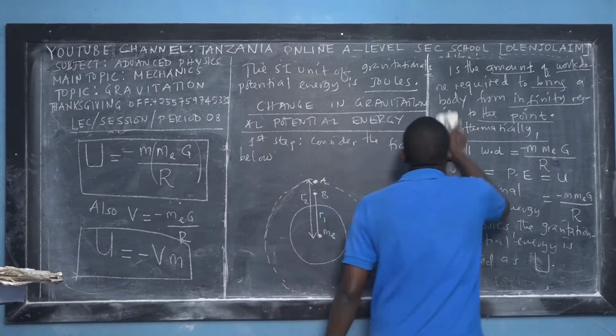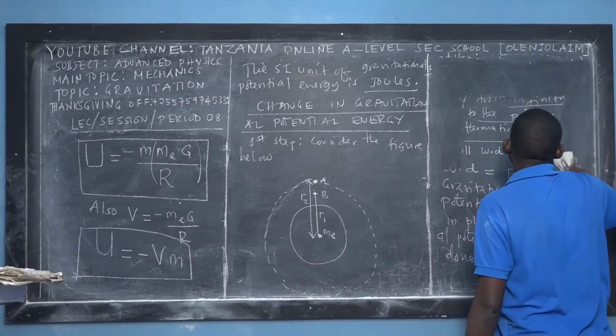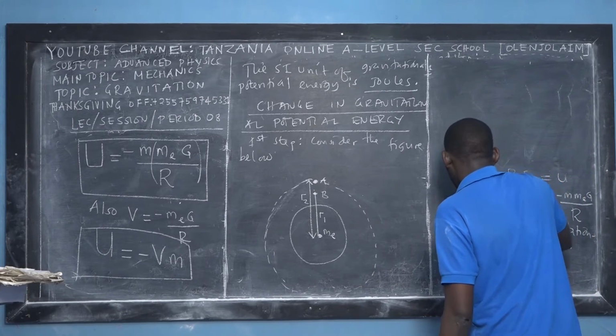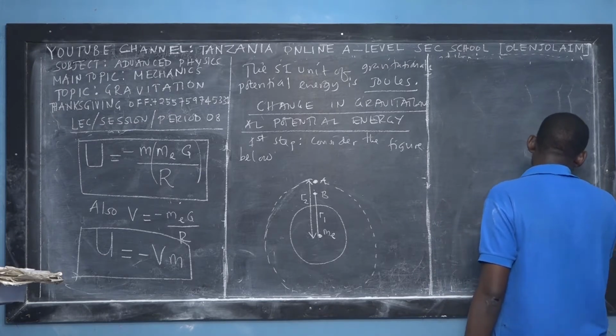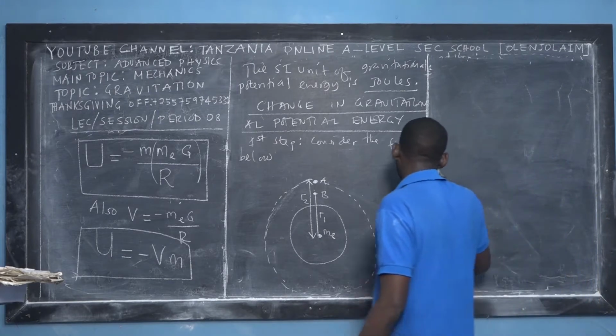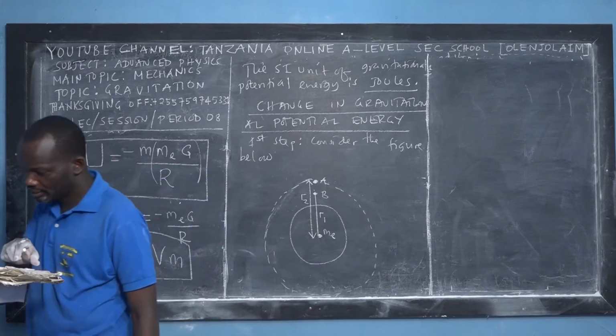So we say that the gravitational potential energy between the 2 points, say it is infinity.